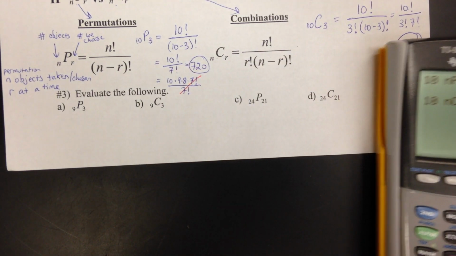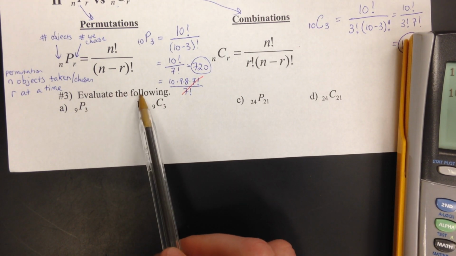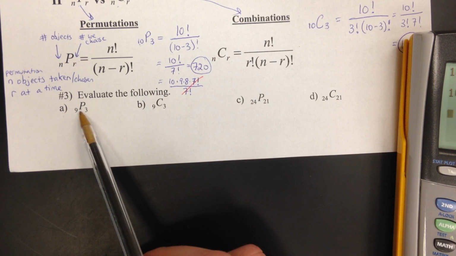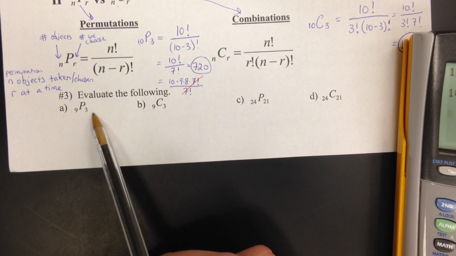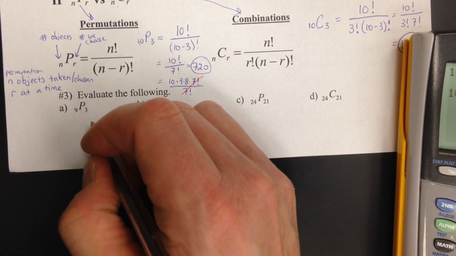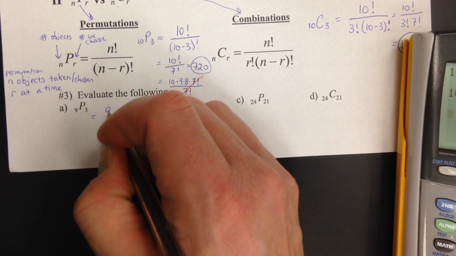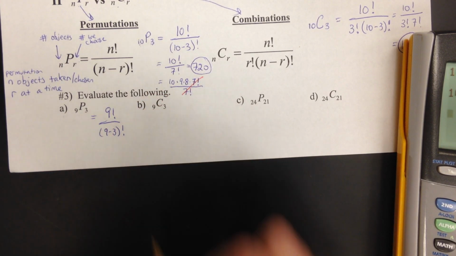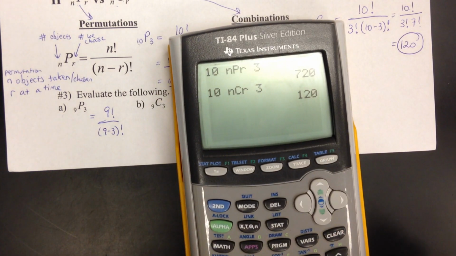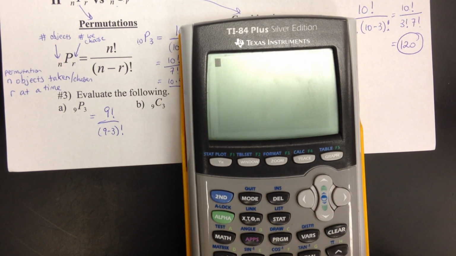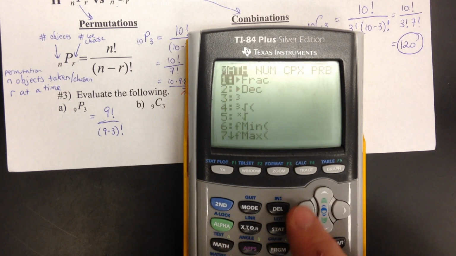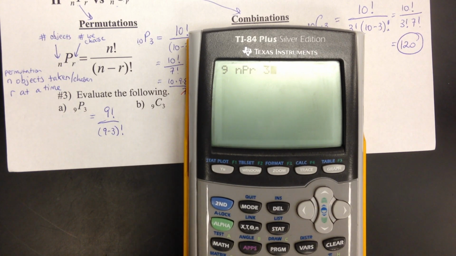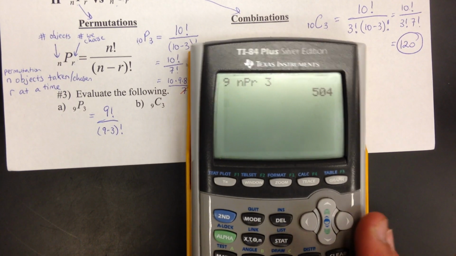So let's do the last problem at the bottom here. Number 3, evaluate the following. A is a permutation of 9 objects taken 3 at a time. Now if we want to set up the formula, it would be 9 factorial, that's the n factorial, over 9 minus 3 factorial, and then we can work that out. But honestly, the way I'm going to do it here is I'm going to type 9 math nPr and 3 and hit enter, and we get 504.